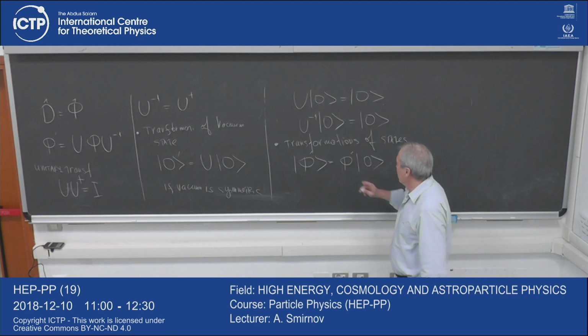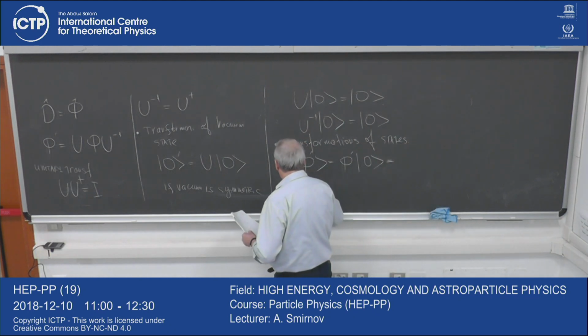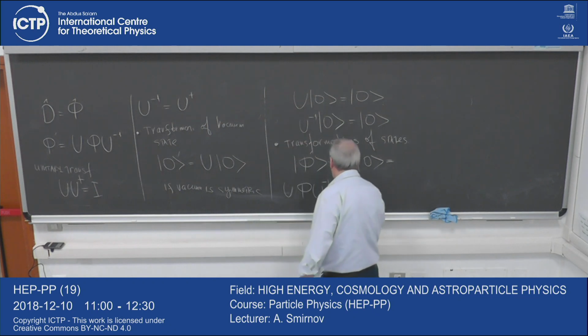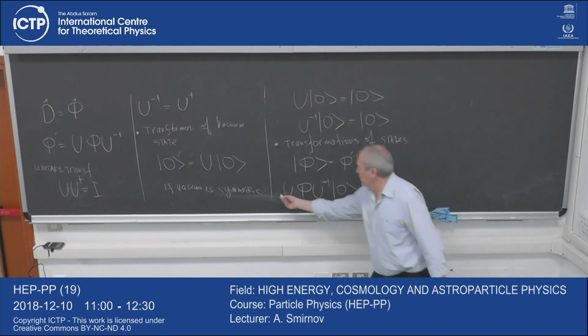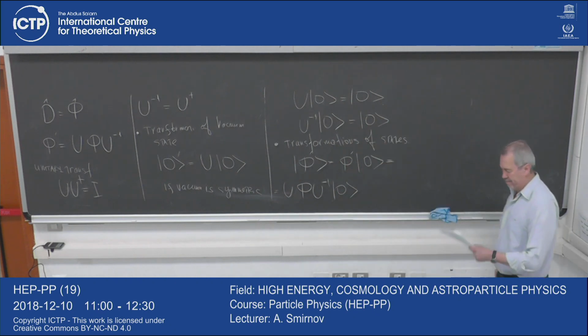Now I know how this operator is transformed, and therefore I'll write this as U, F, U minus 1, acting on vacuum. Right? So this is what is my F prime.